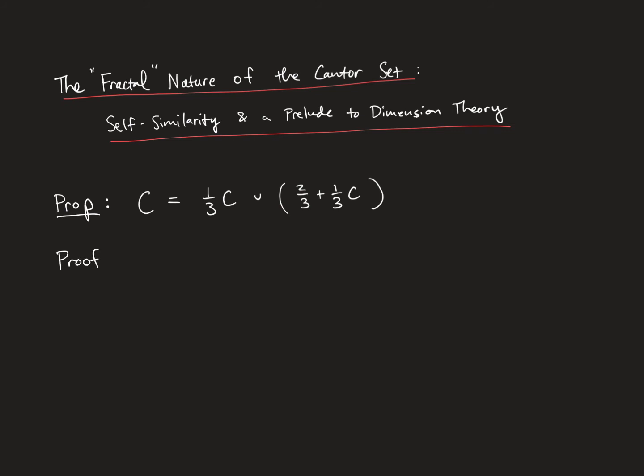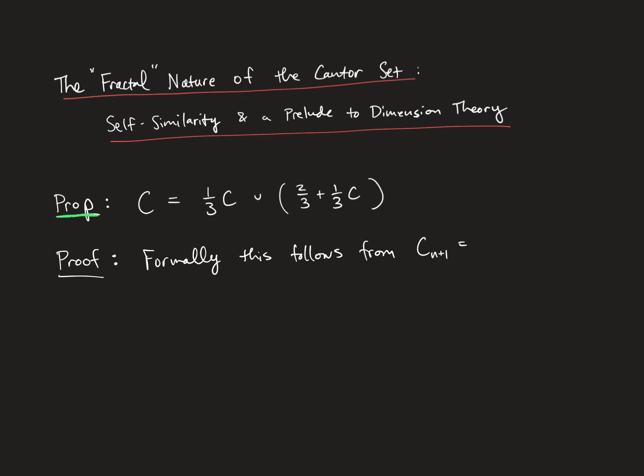So we can prove this. Formally, this follows from the fact that our Cantor set was defined by these intersected finite unions of intervals.